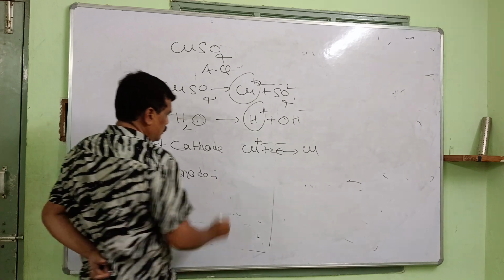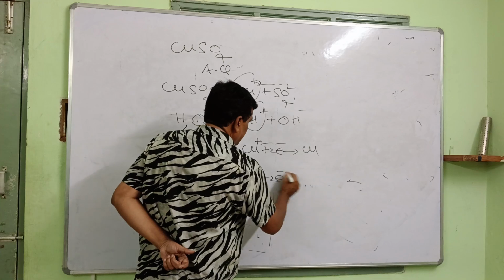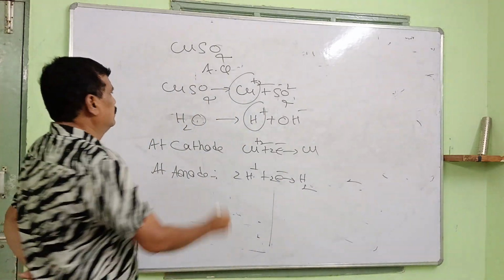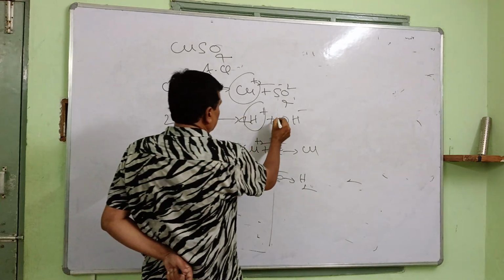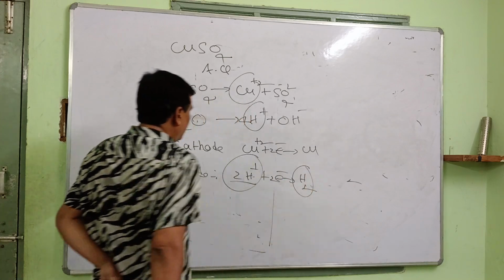At the anode, 2H+ + 2e- gives rise to hydrogen. Here 2H2O gives 4H+, that is also there.